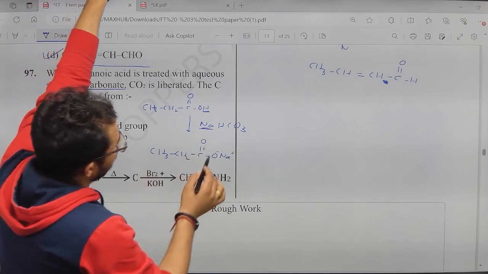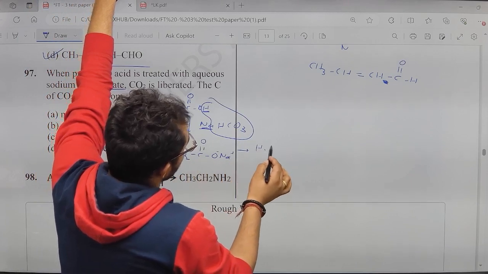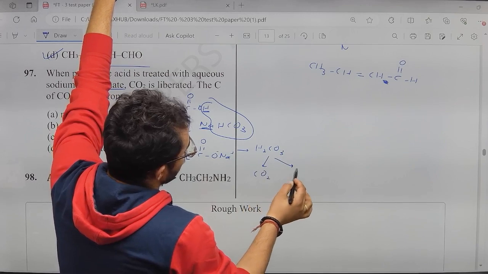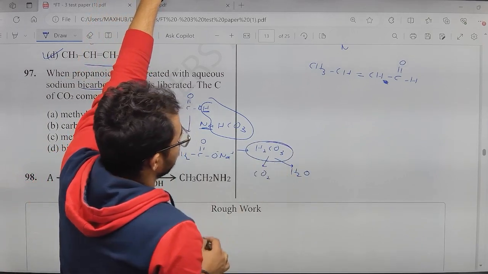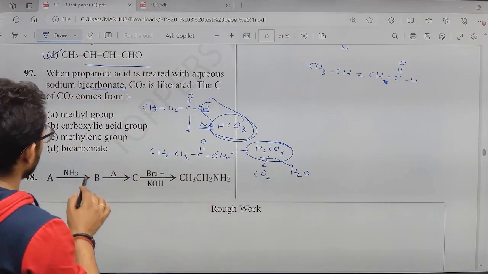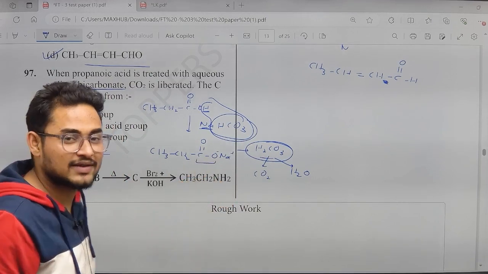And what is going to form? This H plus and HCO3 minus will form H2CO3. This H2CO3 will provide you CO2 and H2O. CO2 gas. So CO2 gas is coming from H2CO3. H2CO3 is coming from sodium bicarbonate. This is not the CO2 of your propanoic acid.